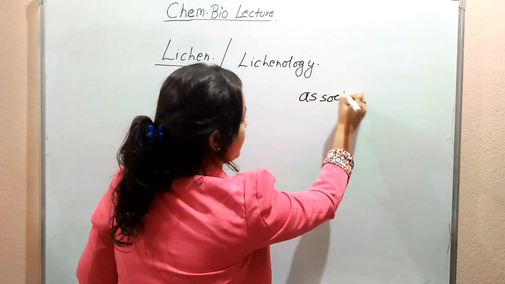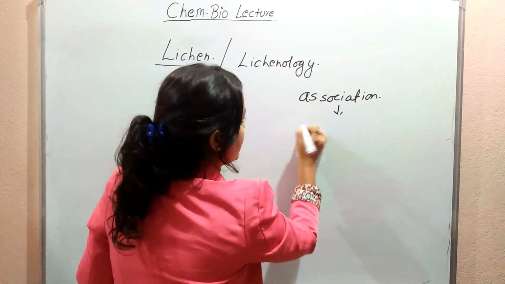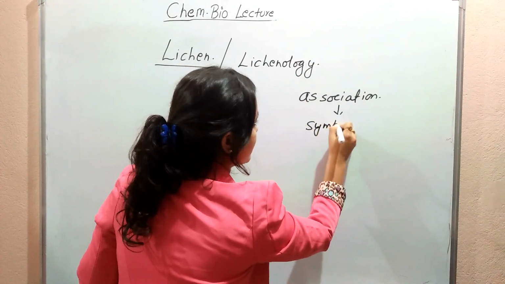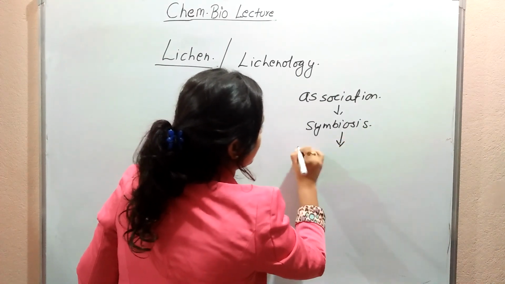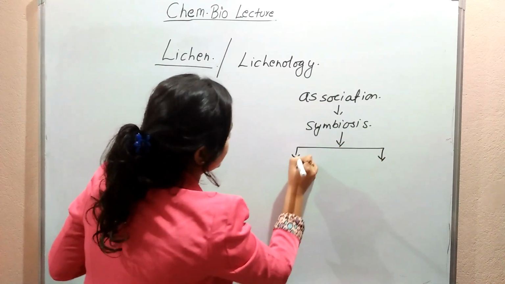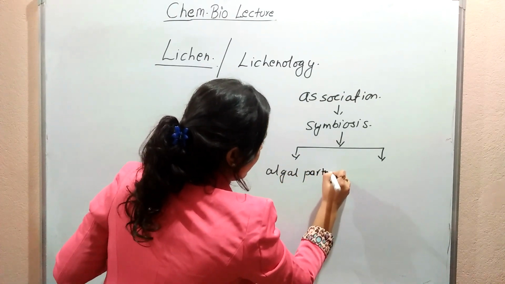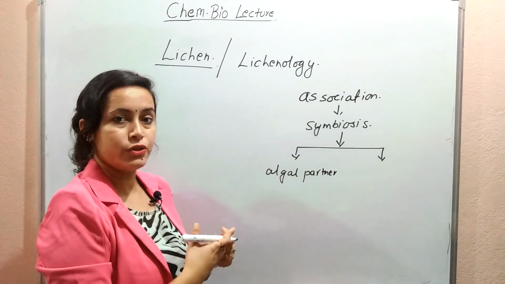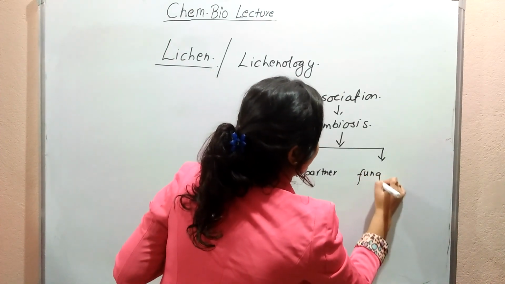Okay, so when we say association, that means it is a symbiotic association, and in a symbiotic association there are two important components. What are those two components? The algal partner, yes, they form their body structures by the combination of an algal partner and a fungal partner.